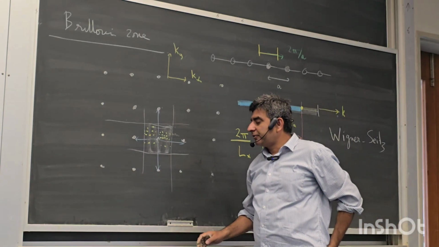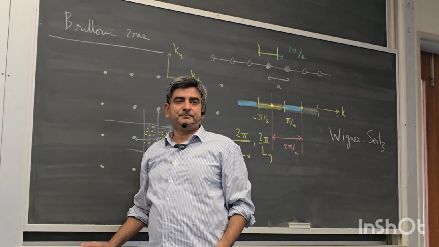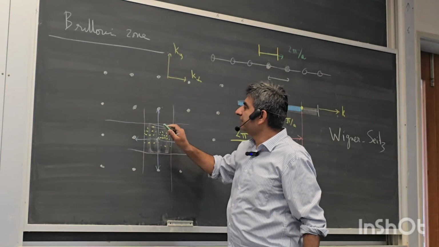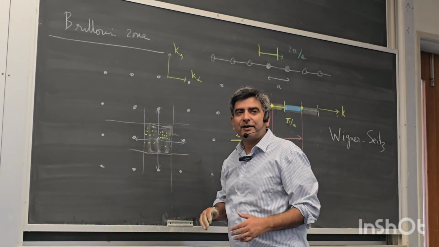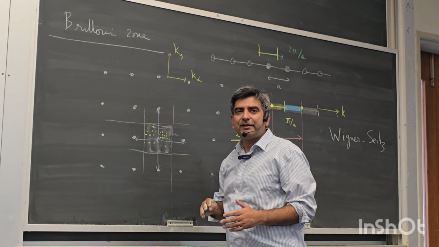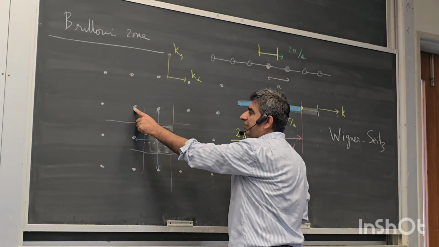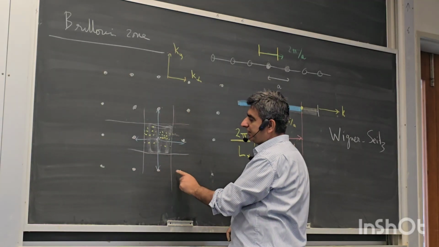And then if I want to find the second Brillouin zone, I take this origin and look at the lattice points that are around it with a length bigger than these reciprocal lattice vectors. So here is one point here, another point here, another point here, and another point here.